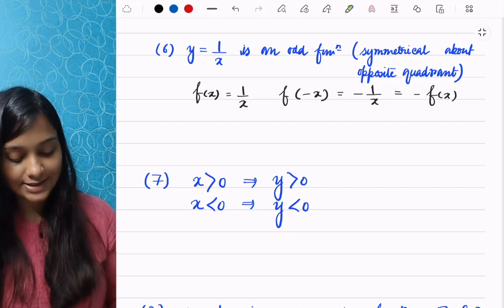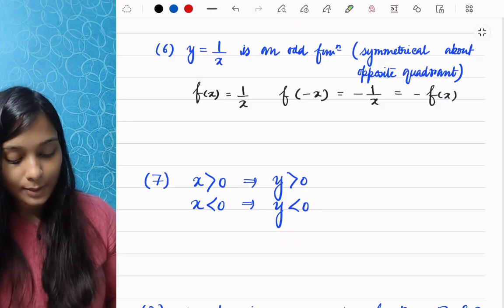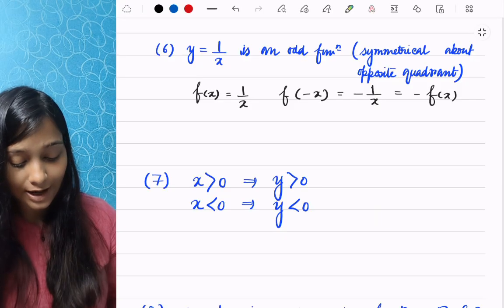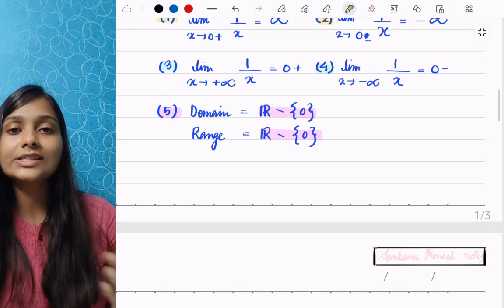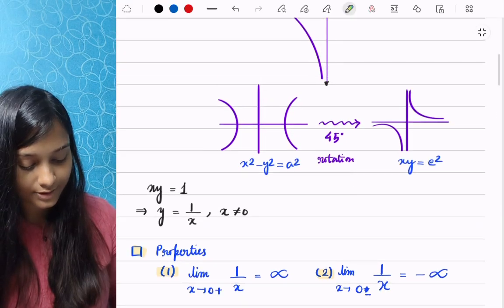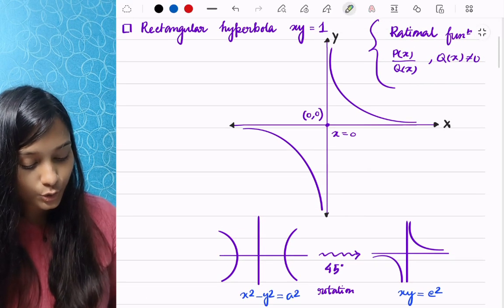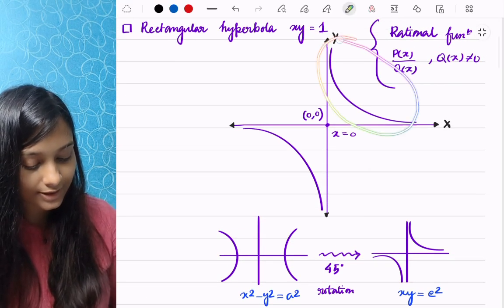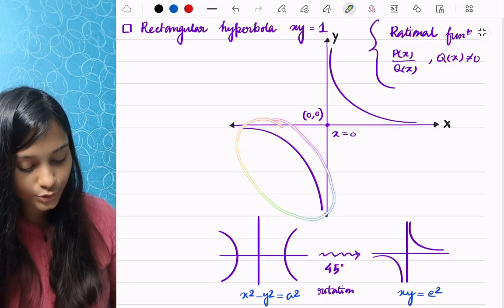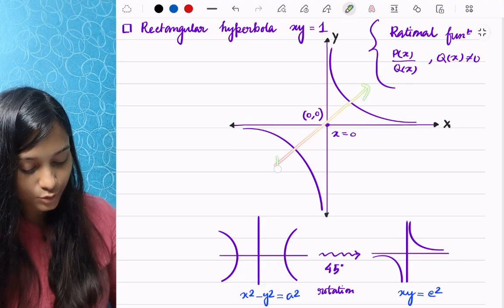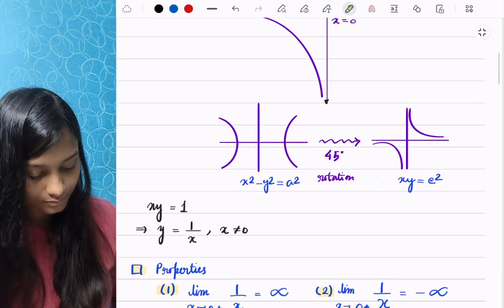So obviously this function y equals 1 by x is an odd function, and for an odd function, we know that it should be symmetrical about the opposite quadrant. So this is the first quadrant and its opposite quadrant is this third quadrant. So we can see that these two are symmetrical. Okay.